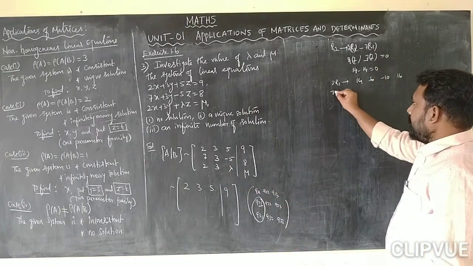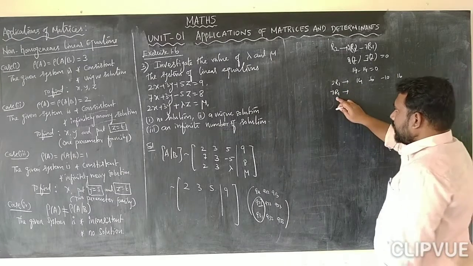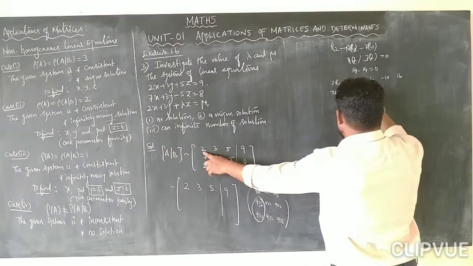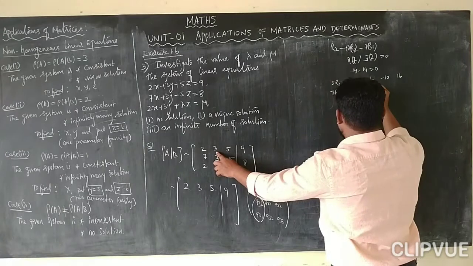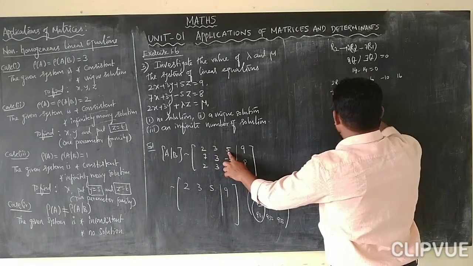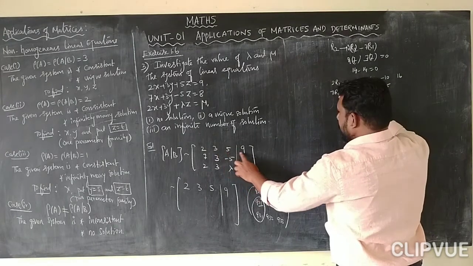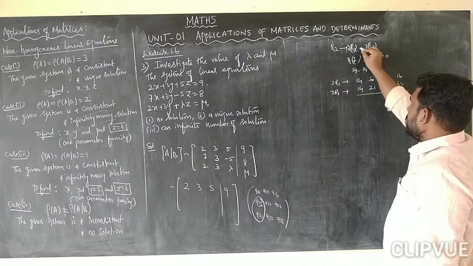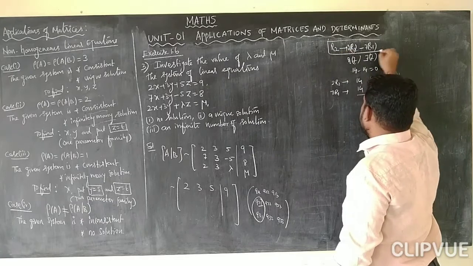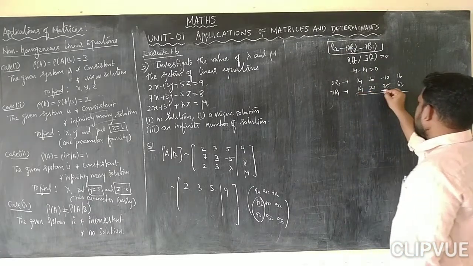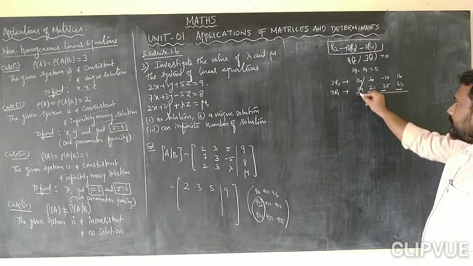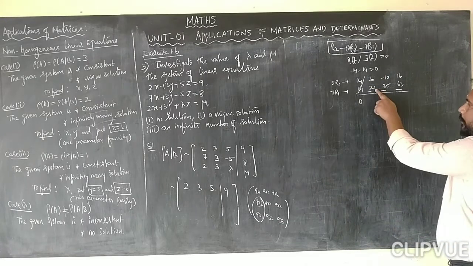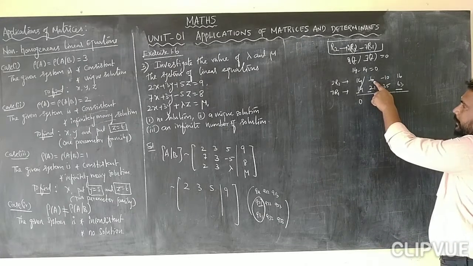Next, 7 into R1: 7 into 2, 14. 7 into 3, 21. 7 into 5, 35. 7 into 9, 63. This is a subtraction. 0, minus 21 plus 6.